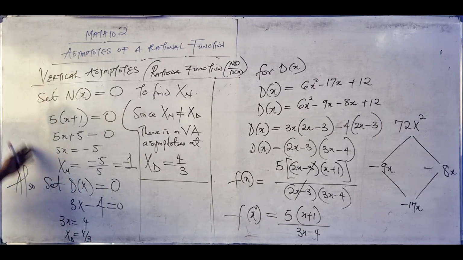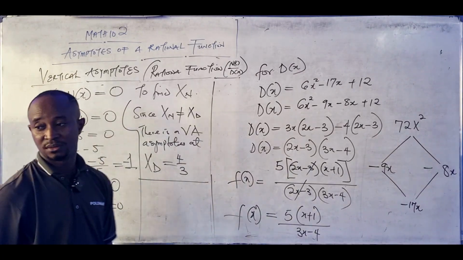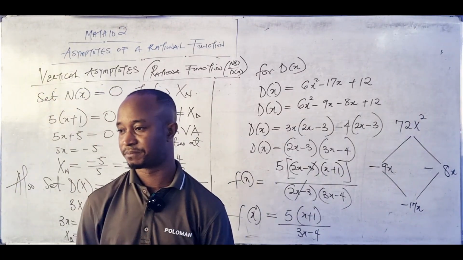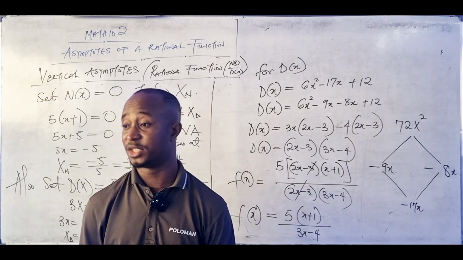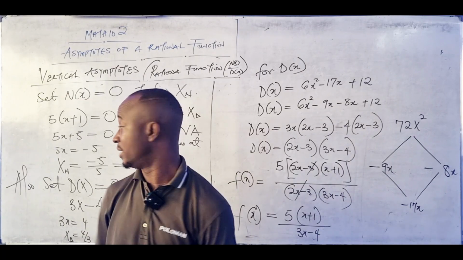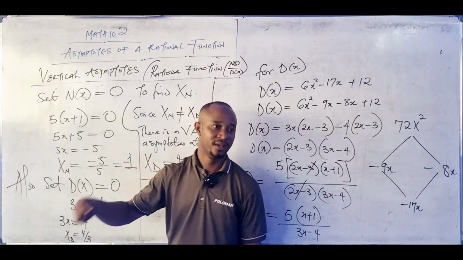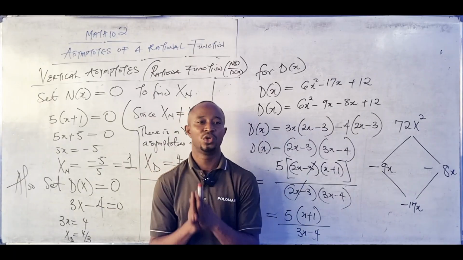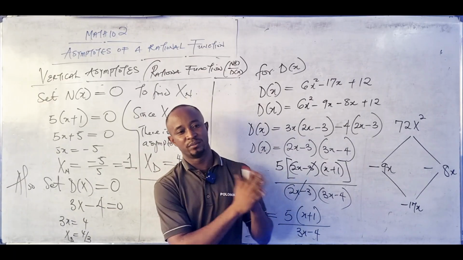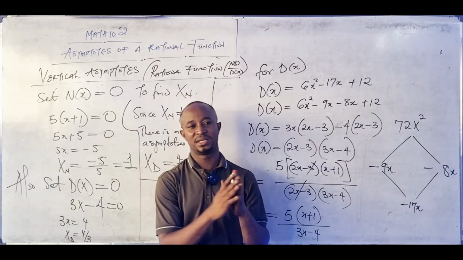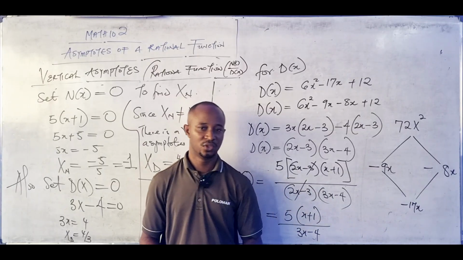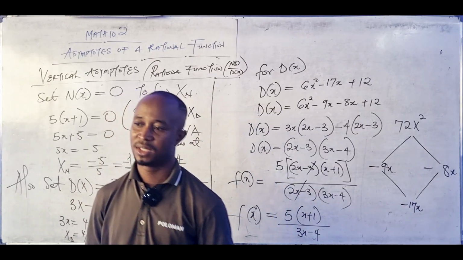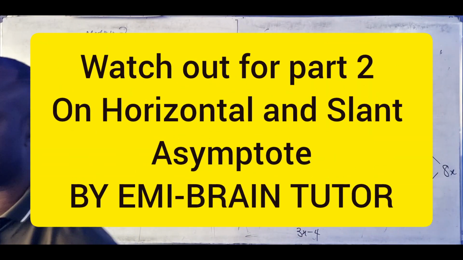But this is exactly what was captured in your textbook. In other words, the vertical asymptotes only occur at your denominator. When you set your denominator equals 0, you obtain the vertical asymptotes.